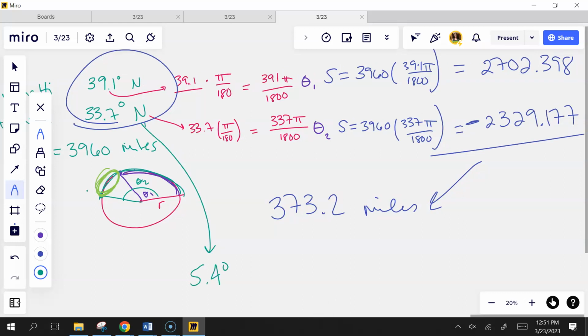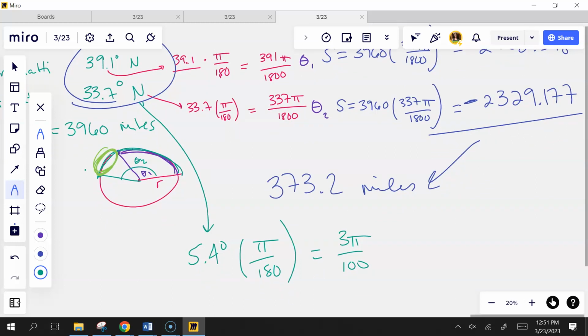If I change that to radians, so multiply by pi over 180, and now I multiply that by the radius, showing you that it works both ways. Okay, this one was a cluster. We're definitely doing another one of these.